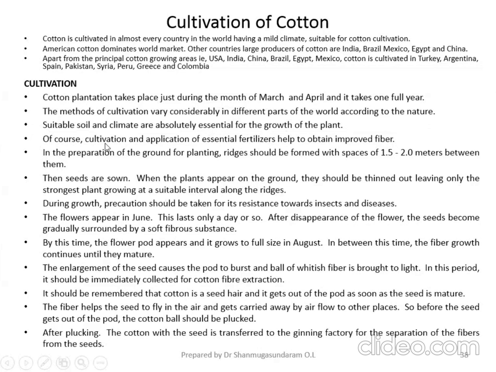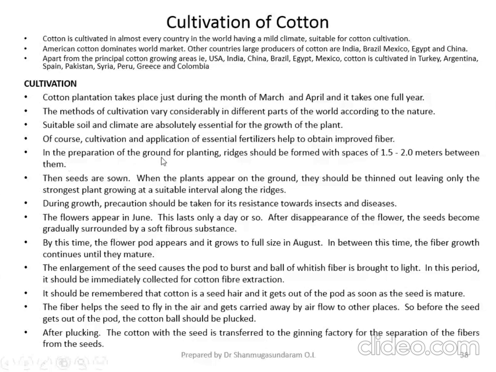Of course, cultivation and application of essential fertilizer help to obtain improved fiber. During the growth of the cotton fiber, you need to add fertilizers in order to get good growth and improved fiber.